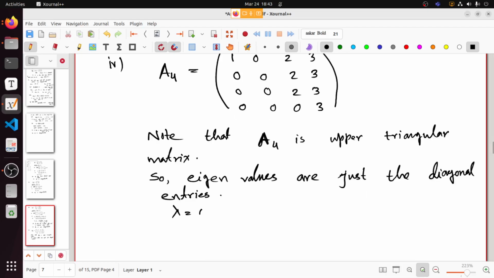So lambda equals 0, 1, 2, 3 are the eigenvalues of A4.